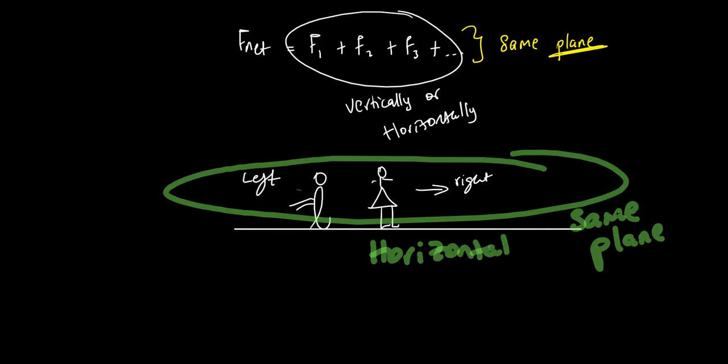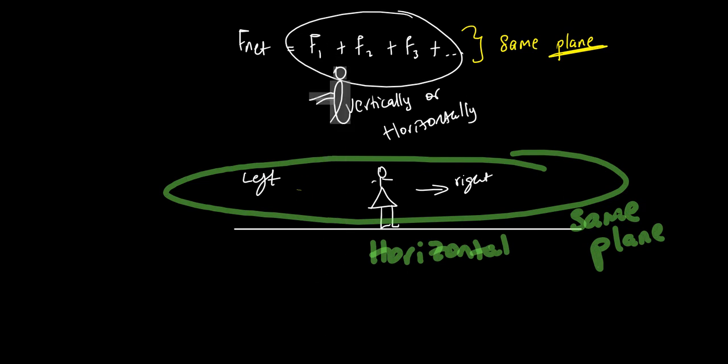There is another plane, the vertical plane, which means the y direction. If you were to start jumping, there is now either up or down. You have unlocked other possibilities.